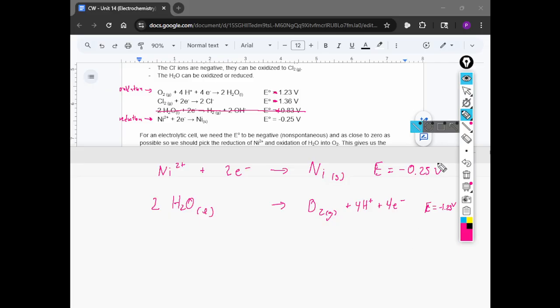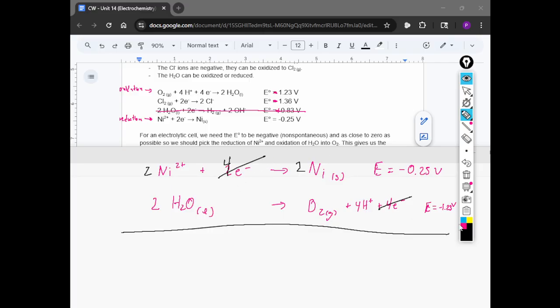All right, so to get our balanced equation, what we've got to do is cancel out the electrons. There's 2 and 4 here, so we've got to double this one. So it'll be 2, 4, 2. But that does not mean we change the reduction potential. Remember, we don't multiply it by the coefficients. We do that, the electrons will cancel out, and then we use Hess's law to combine it together. So the balanced equation in this electrolytic cell will be 2Ni2+ plus 2H2O liquid produces 2Ni solid plus O2 gas plus 4H+.